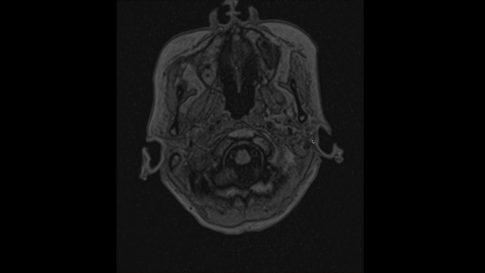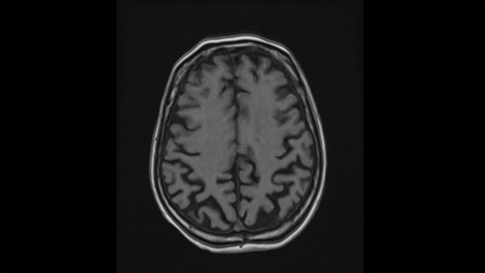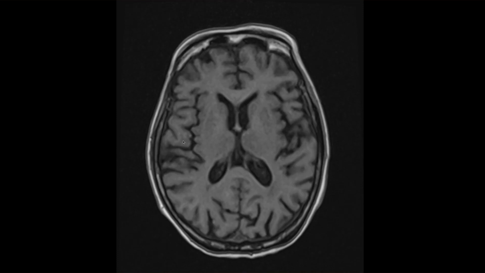These are collected in something called K-space, kind of a frequency domain if you're familiar with Fourier transforms and that type of thing. The K-space is transformed back into image space, which is what we're looking at, anatomical space for radiologists to see. So this is already a processed image.